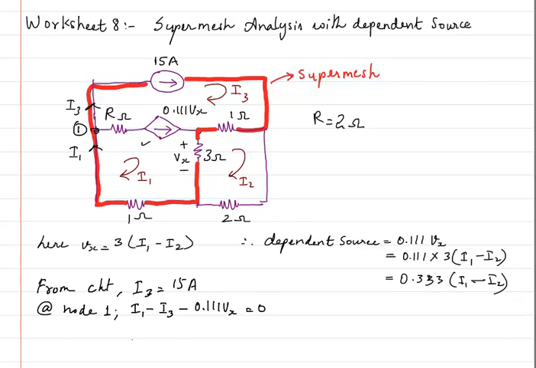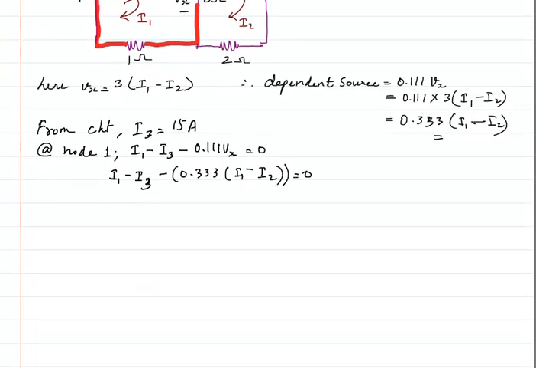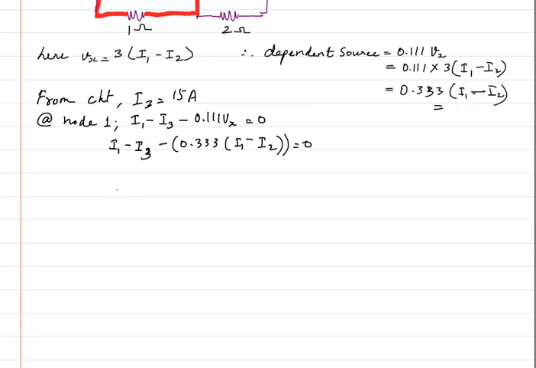Therefore, I will get I1 minus I3 minus, so this I will completely write it here, 0.333 (I1 minus I2) is equal to 0. From which I can straight away write all the I1 components together.